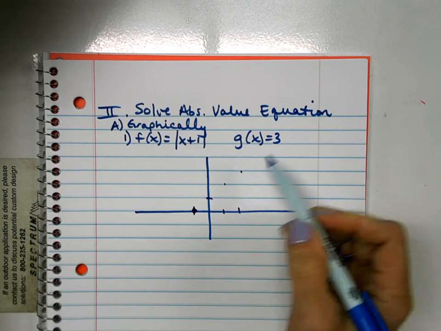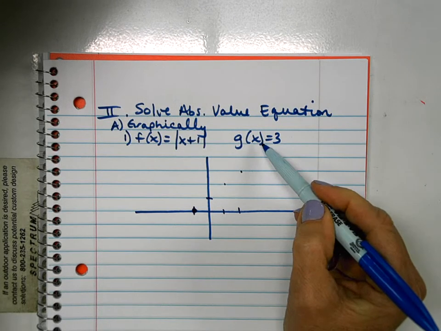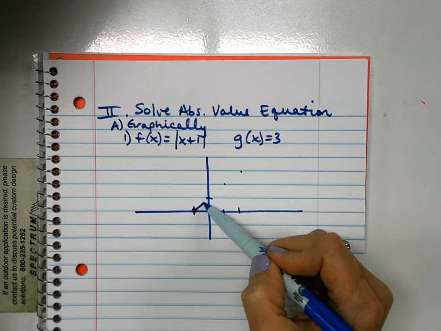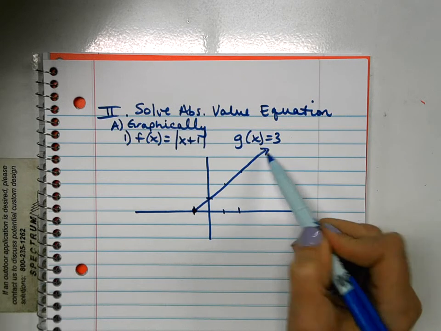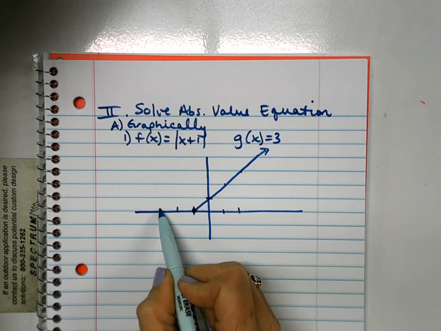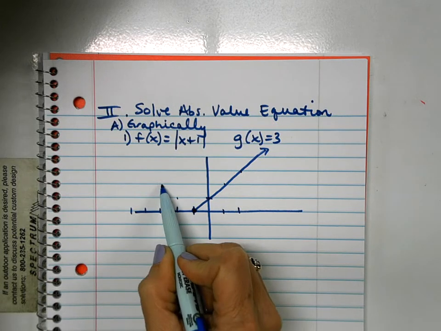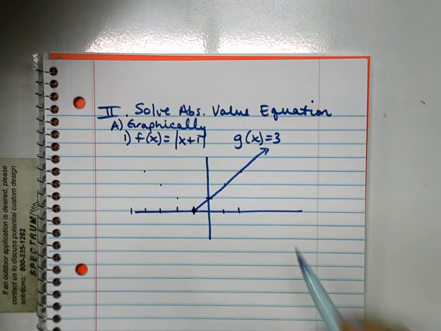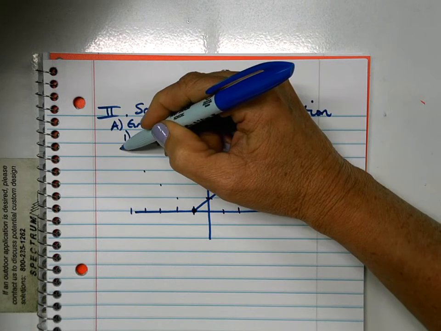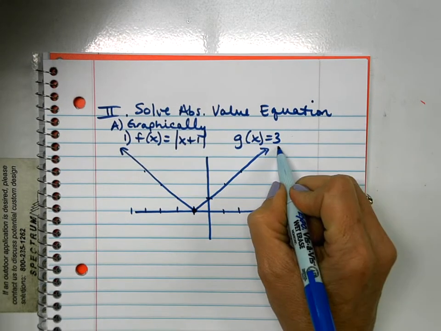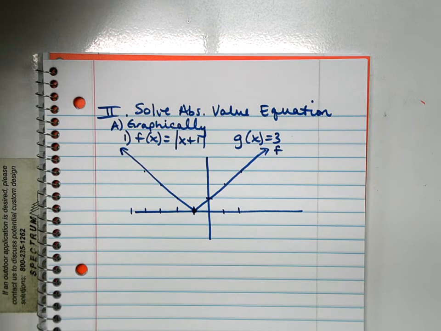I want you to keep going. Notice what g is. It's 3. Keep going until you hit a y value of 3, okay? And so then extend it that way, and then do the same thing in the other direction. Sketch that and then call it f.